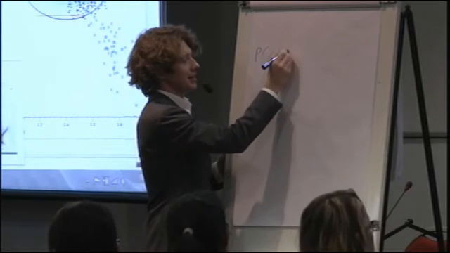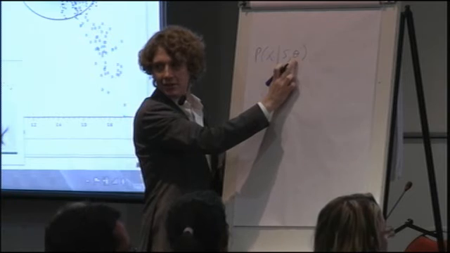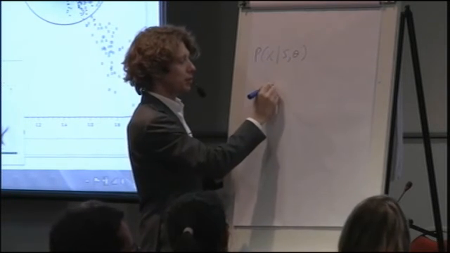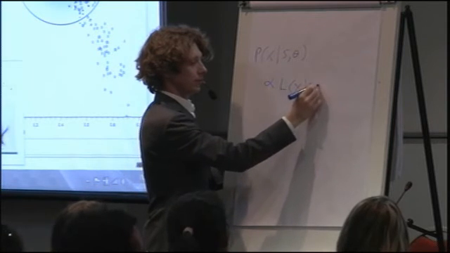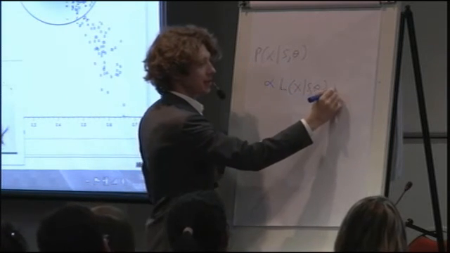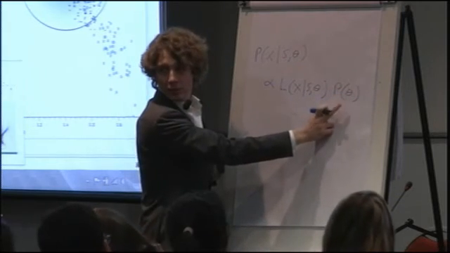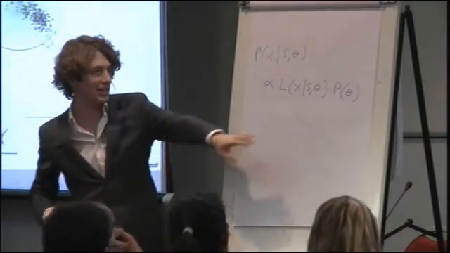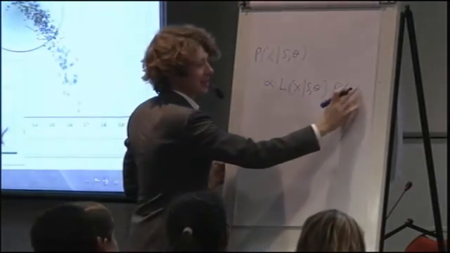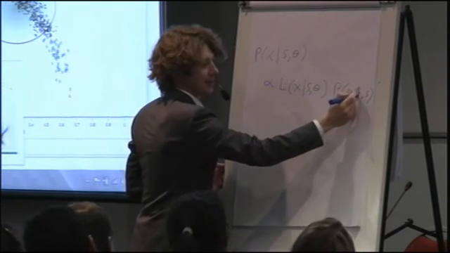The probability that the data would arise from a particular model structure is proportional to the likelihood, but it also needs to be multiplied by this, which is the probability of the parameters in the first place. Now this probably could be conditional on S, to be honest, but that's a bit pedantic.